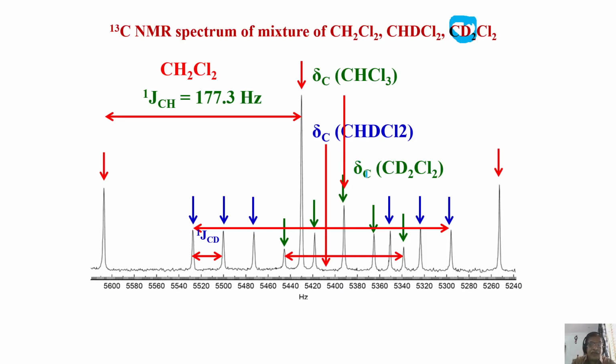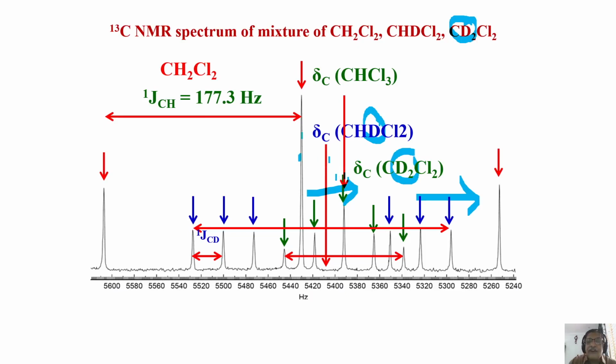Another important point you should appreciate: when the heavy isotope is substituted, peaks always shift to the right. When one heavy isotope is there, from here it shifted here. And when two isotopes are there, from here it shifted here.